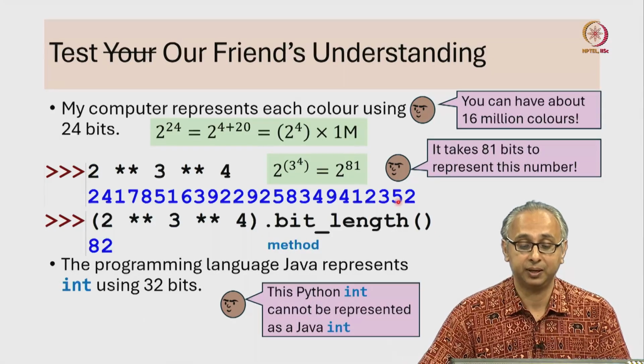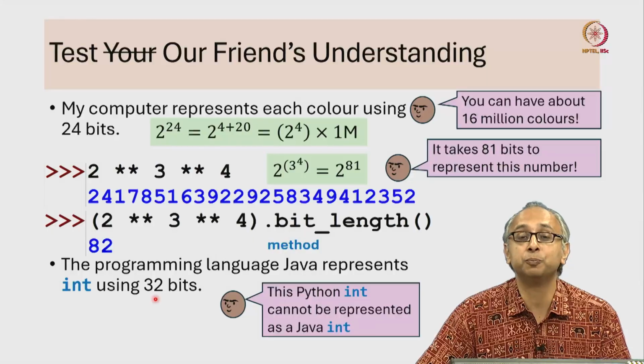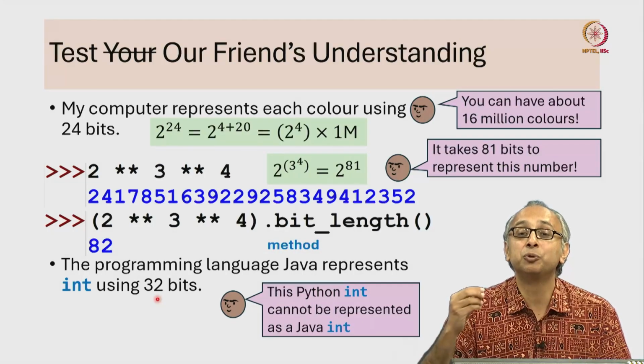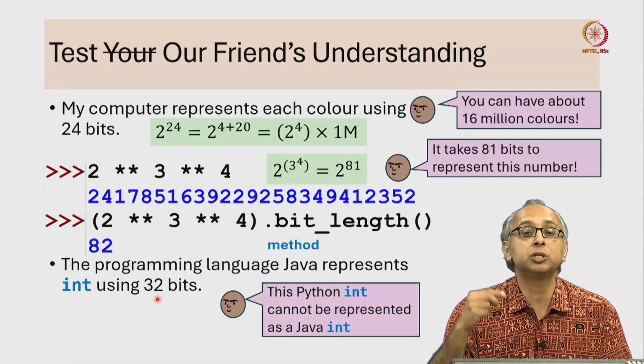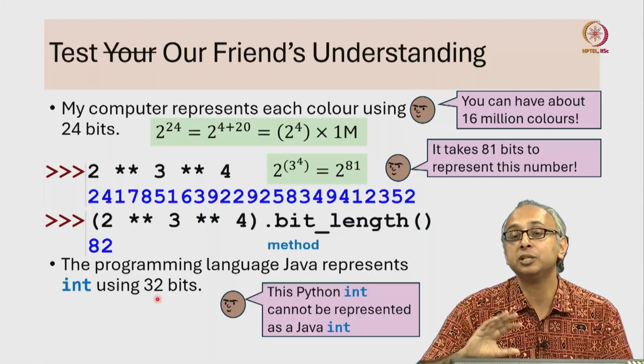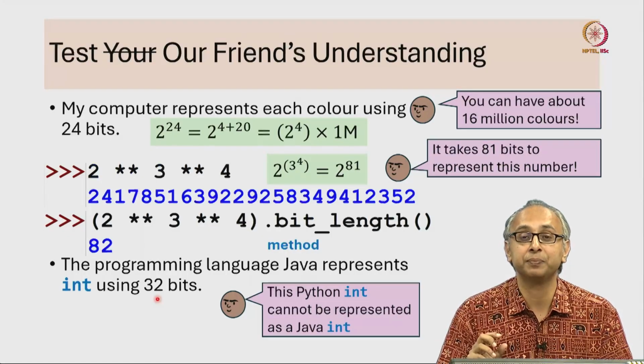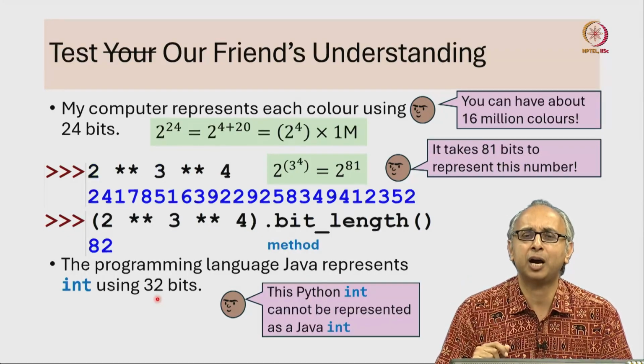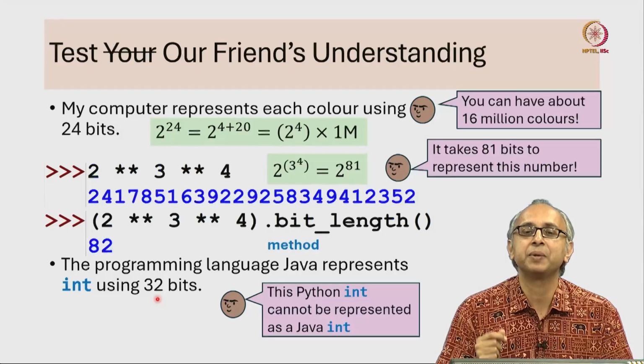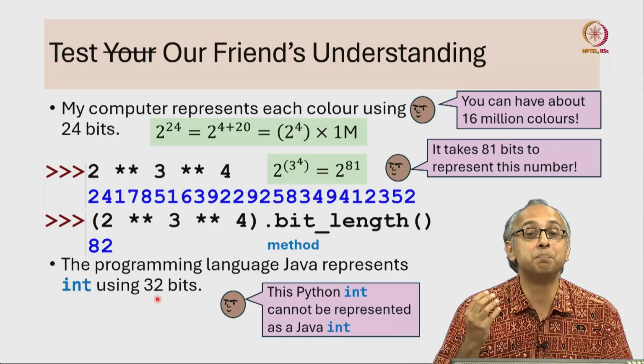In fact, if you have 32 bits, then you can only name 2 to the power 32 different integers. And if you quickly work out how much 2 to the power 32 is, that's roughly 4 billion.